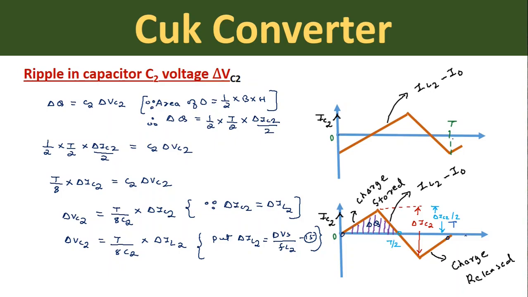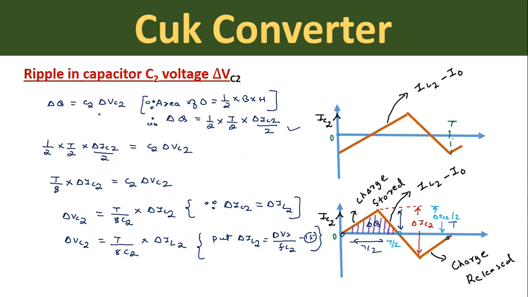Half of this total time period will be T by 2. So T by 2 into, if we take the total change of capacitor current del IC2, half of this value will be del IC2 by 2. So we get this equation here.